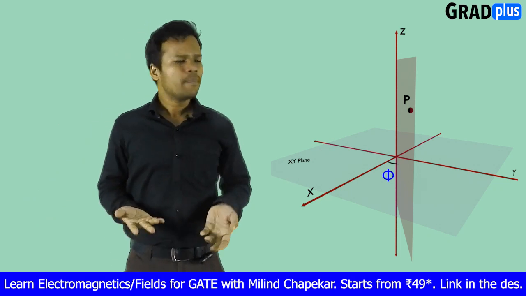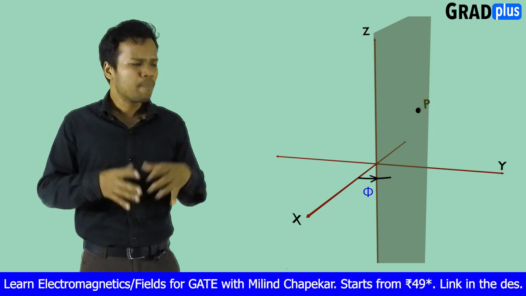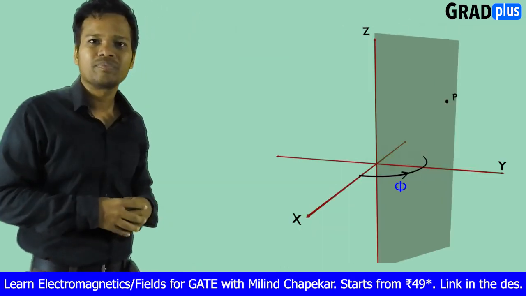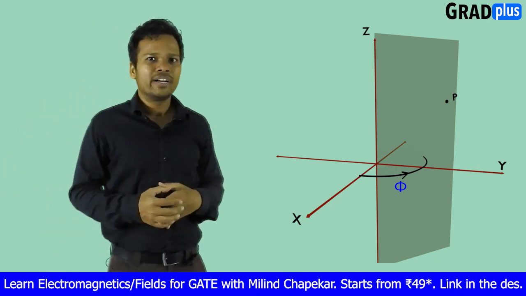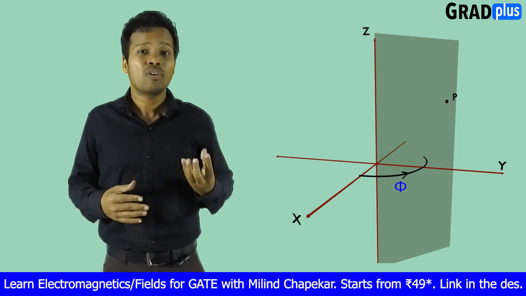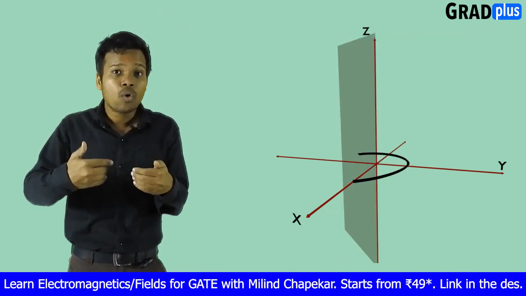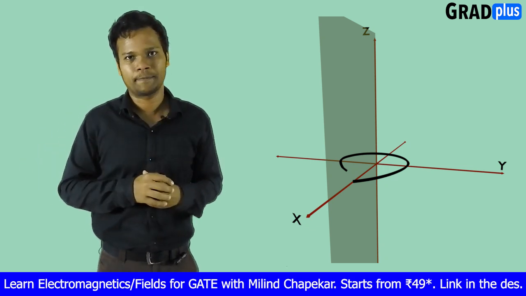If point is present like this, then phi coordinate is like this. If point is present like this, then phi is as you can see from the screen. So the range of phi coordinate is from 0 to 2 pi. It can lie anywhere between 0 to 2 pi.